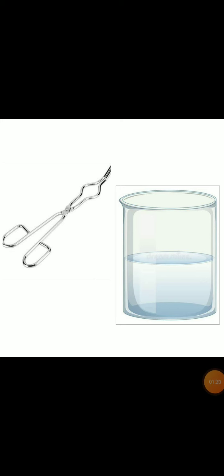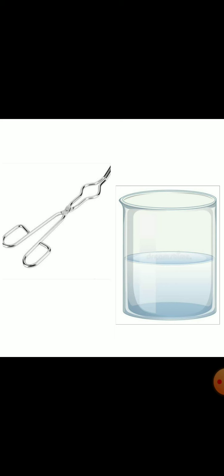We will observe that metals react with water, and after the reaction they produce a metal oxide and hydrogen gas. Metal oxides that are soluble in water dissolve in it to further form metal hydroxide.